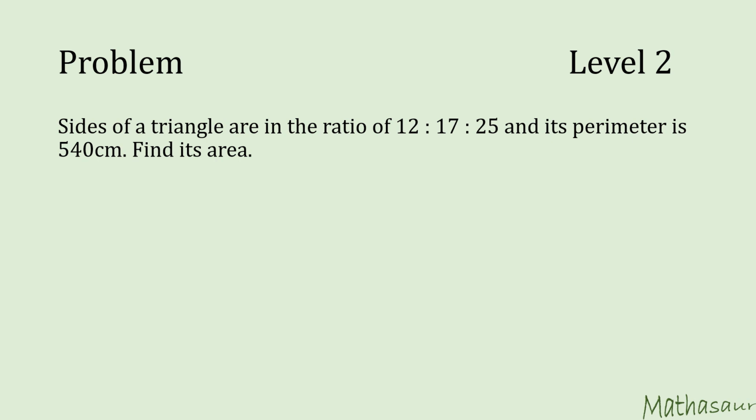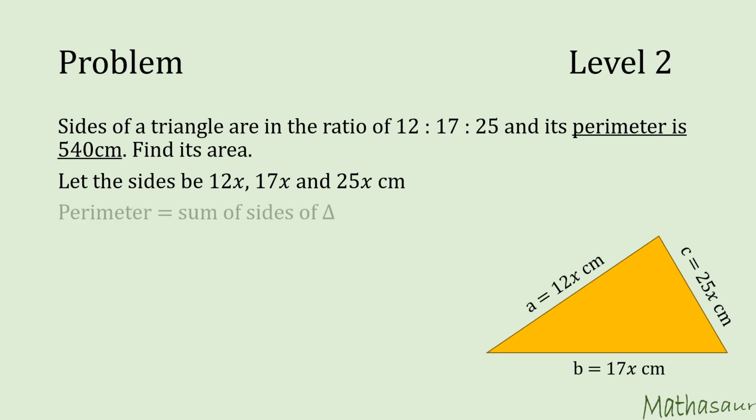Find its area. Now we are given ratio of sides. So let us take a common factor x and let the sides be 12x, 17x and 25x centimeters. Now we know that perimeter is sum of sides of this triangle, which is given as 540 centimeters.